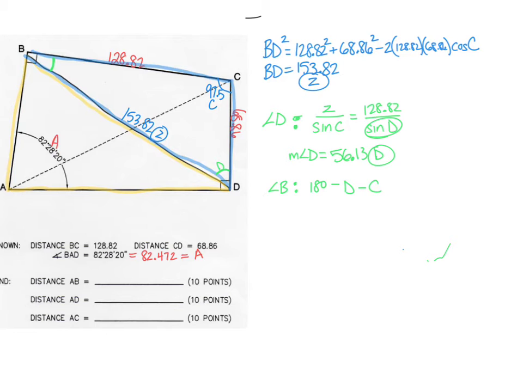Now, it never asks me for angles, so I'm not going to convert these to degrees, minutes, seconds, because my official answer is the only thing that would have to have that. So I've got the measure of angle B is 26.35, and again, I'm going to store that as a B because I haven't used B yet.